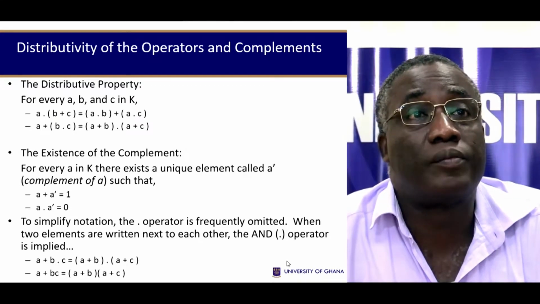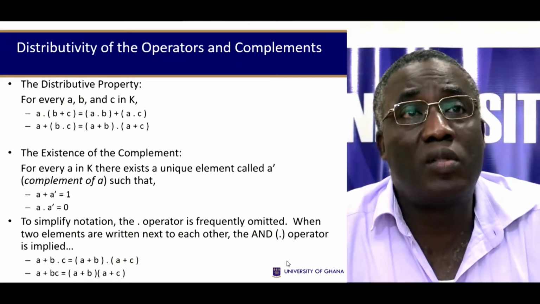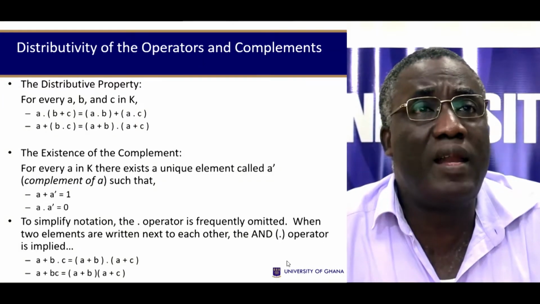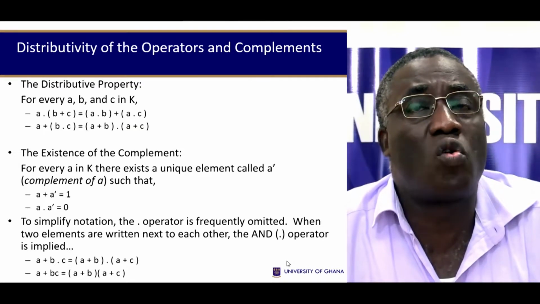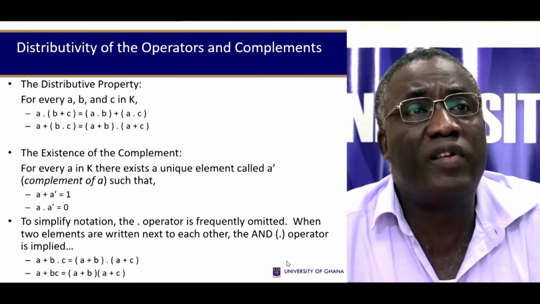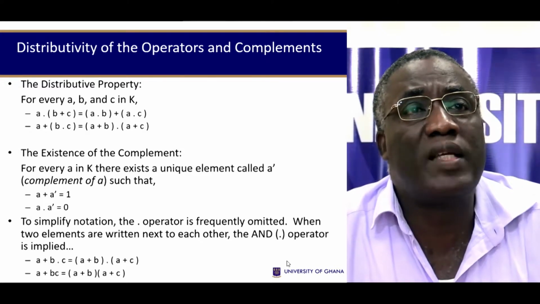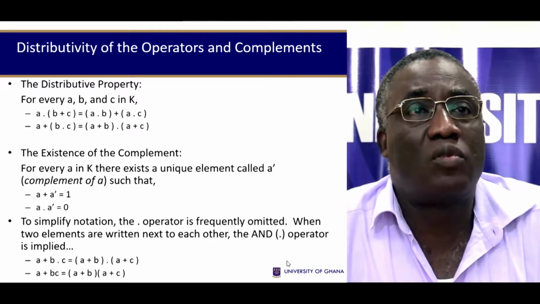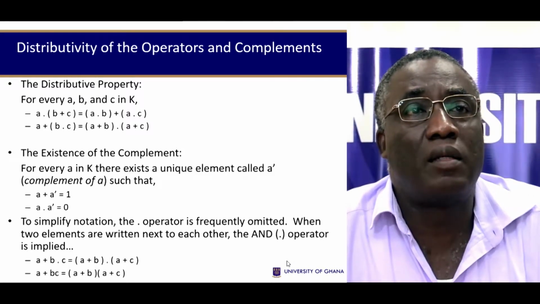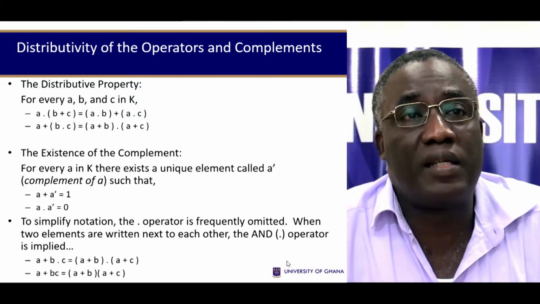Now, it's important to note that for every element, there is a unique element called the complement. So for every element, the complement of it would exist. What you should note is at times, to simplify the notation, the dot between the ANDs may be omitted.